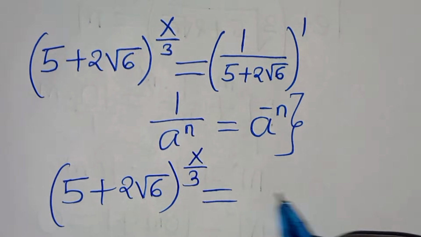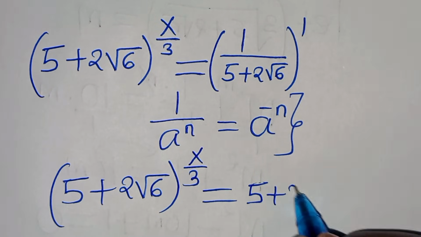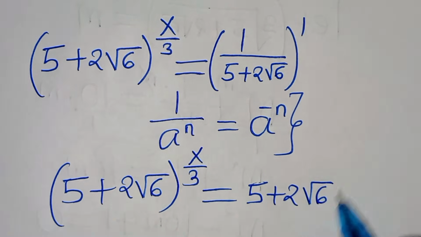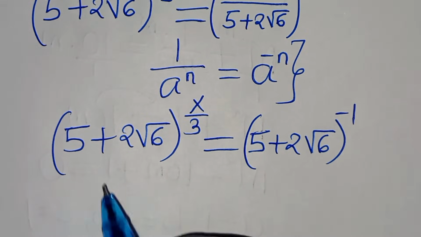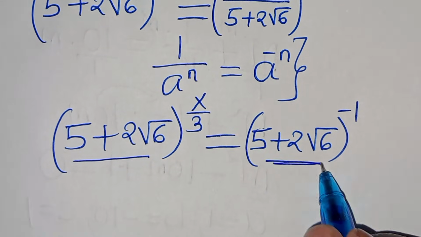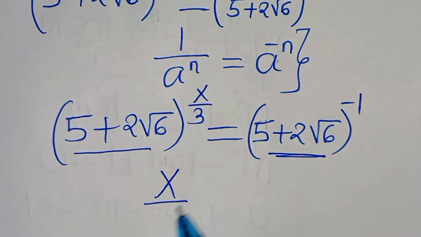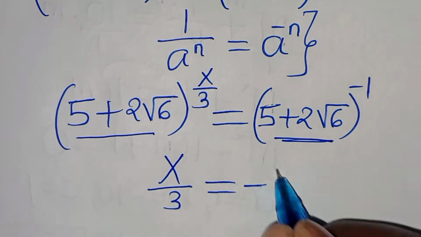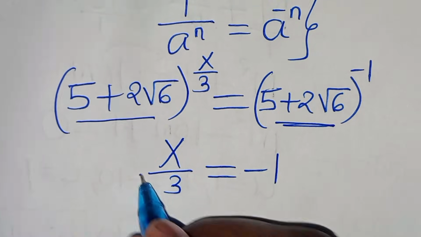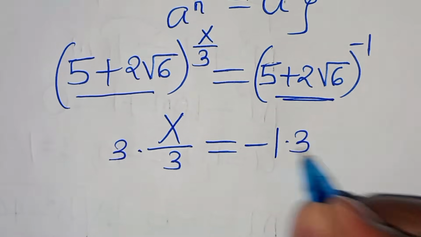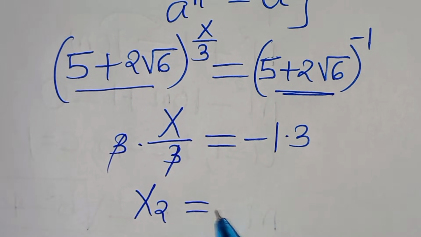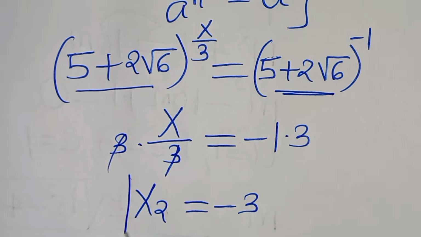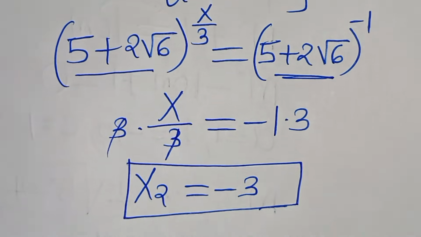This is equal to 5 plus 2 root 6 raised to the power of minus 1. Since the bases are common here, then x over 3 is equal to minus 1. So let's multiply both sides by 3. And this means that x2 is equal to minus 3.